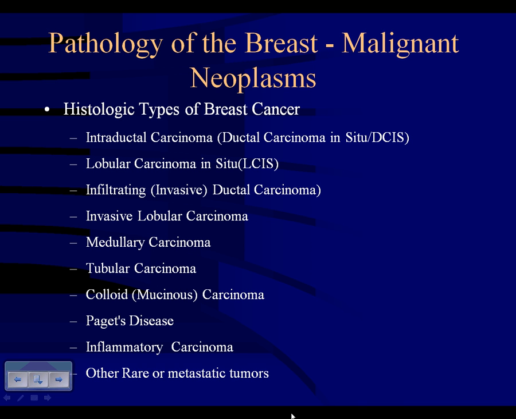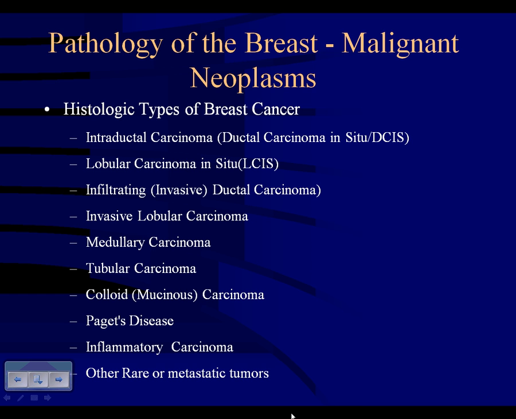Remember that in the normal histology you have your ducts and your lobules, so you get different types of cancers of different origins. You'll have ductal types and lobular types, and both can show either in situ or invasive varieties. Those are the main types.